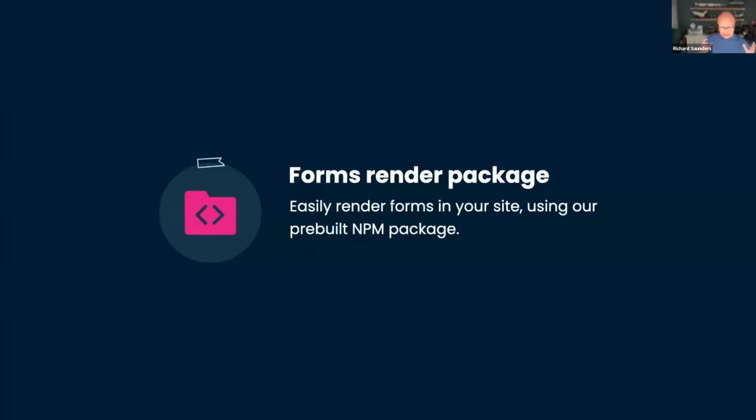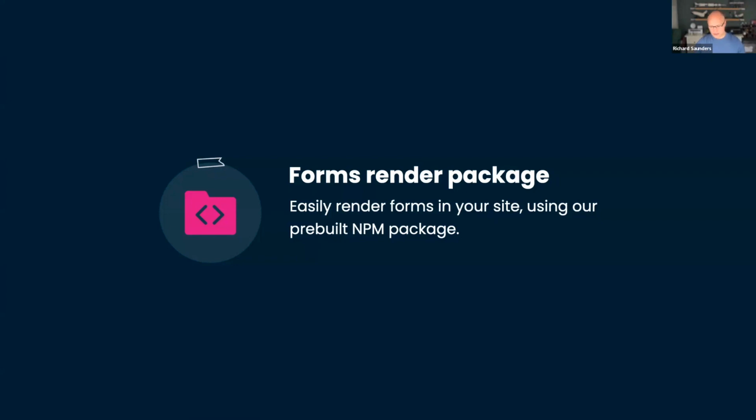So you can assign a form to an entry, whether that's just in a field, into a composer, into a component. But how do you get it displaying in your site? Well, I mentioned earlier when we were looking at preview, what you are actually seeing is a render of the form based on our own render package, and we're making this render package available through npm.